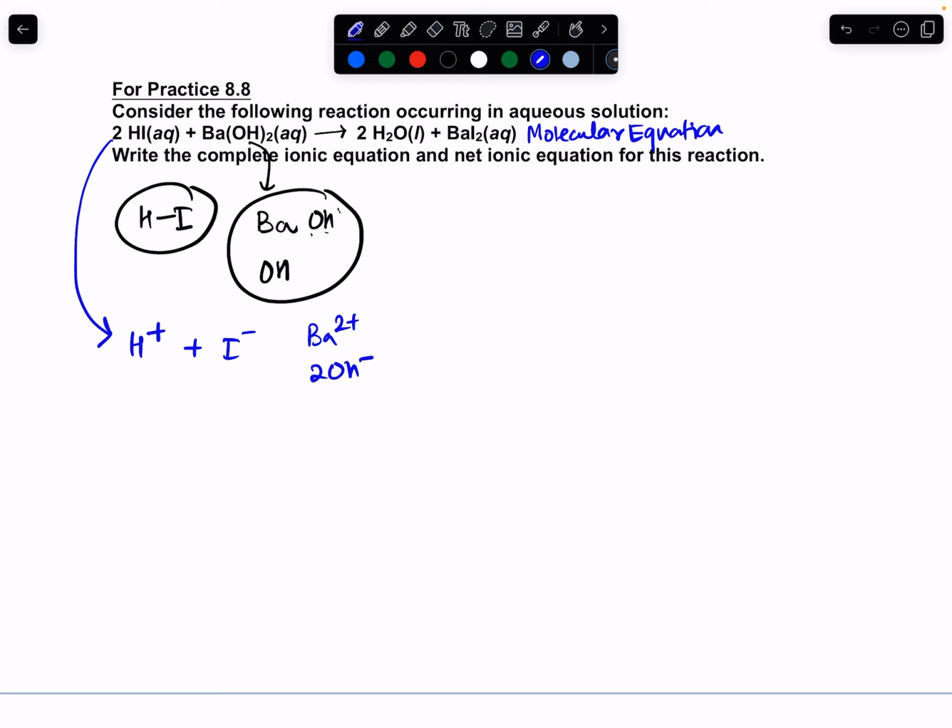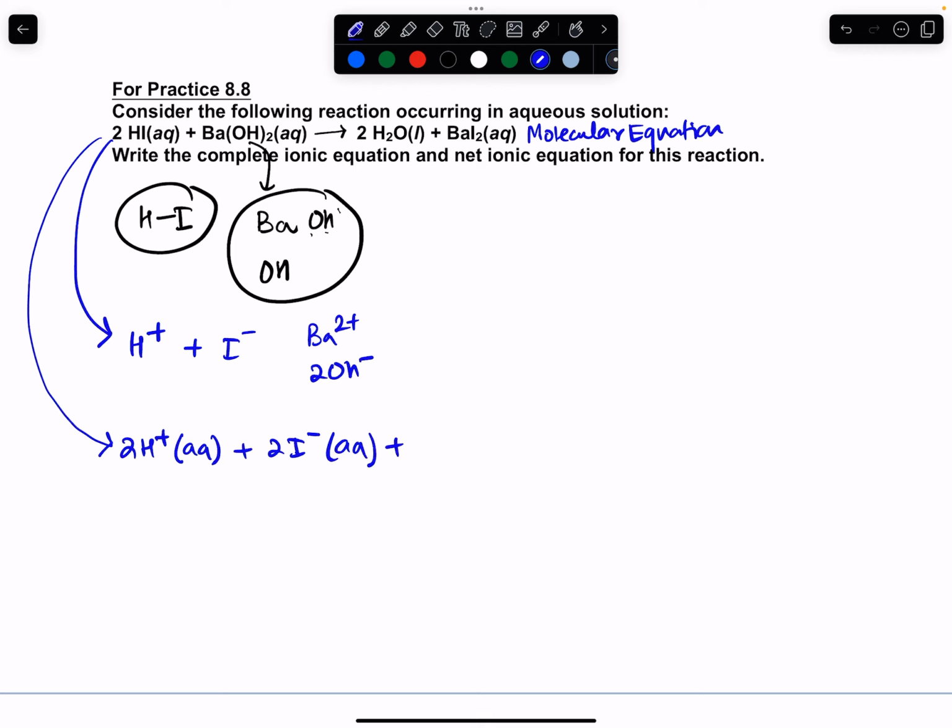Okay, so the only ones that we're going to change into ions are the ones with the (aq) in parentheses, so those three. So let's go ahead and write that down. The 2HI becomes 2H plus, and make sure you put the (aq) in parentheses to the right of it, plus 2I minus, plus, now we break down the Ba(OH)2 as Ba2 plus (aq) plus 2OH minus (aq).